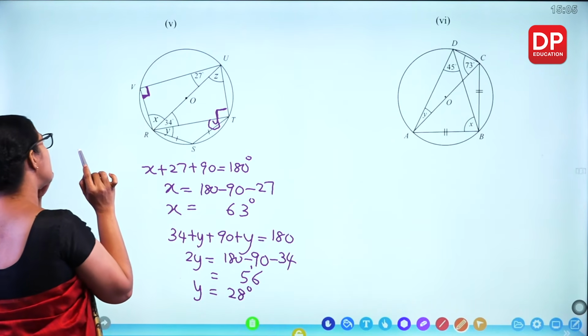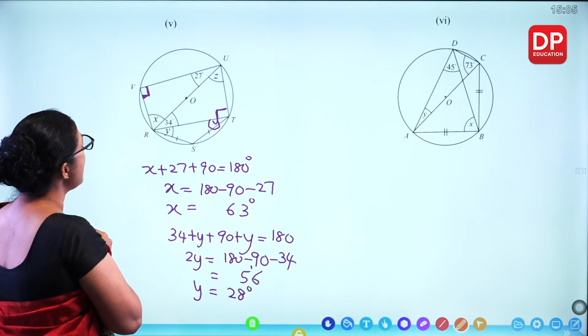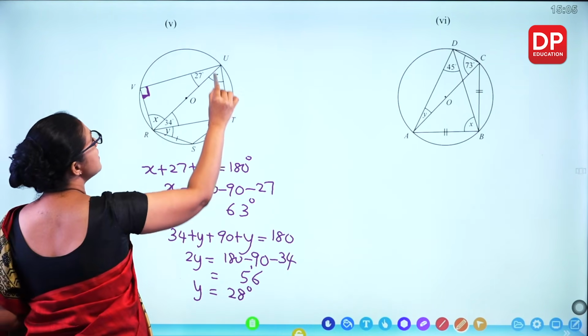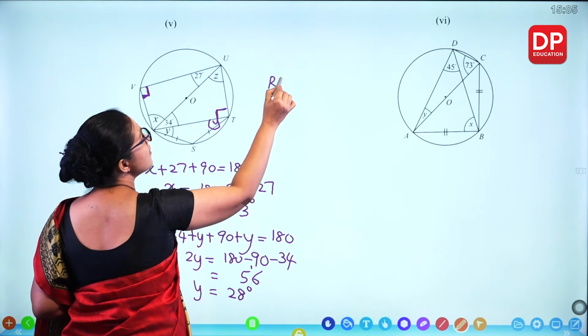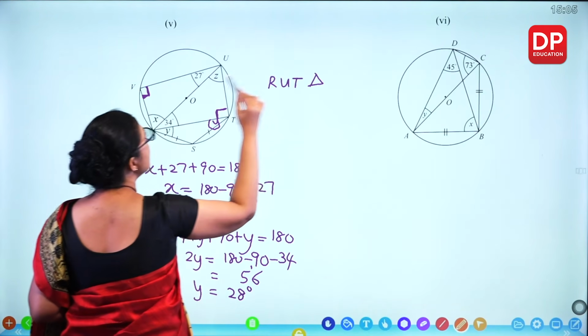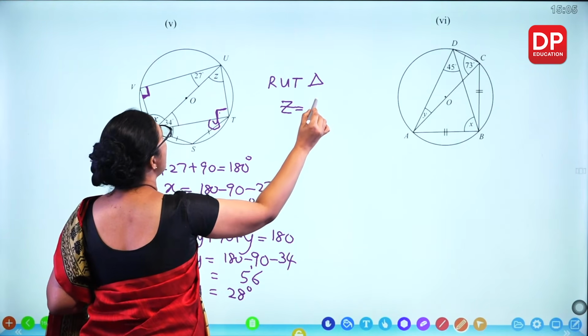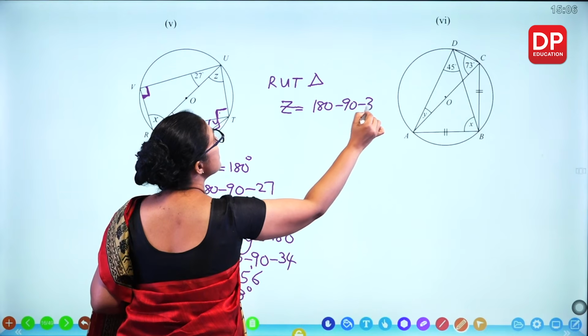Now look at this one. How can we find out z angle? z angle and this triangle, RUT triangle. RUT triangle we'll take. This is 90, this is 34. So what's z angle? 180 minus 90 minus 34.